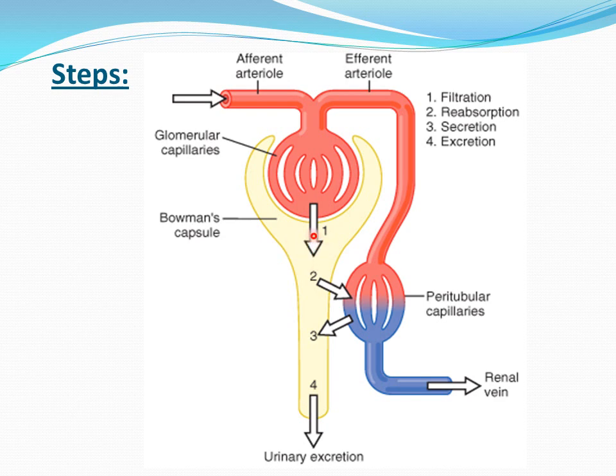The maximum of that filtrate will go back to the blood via the process of reabsorption. But at a certain level there will also be secretion of certain substances from the blood vessels into the lumen. So ultimately the urine that is excreted is filtration minus reabsorption plus secretion.